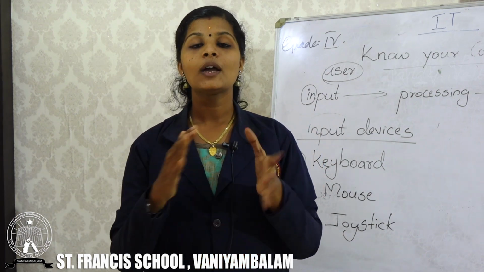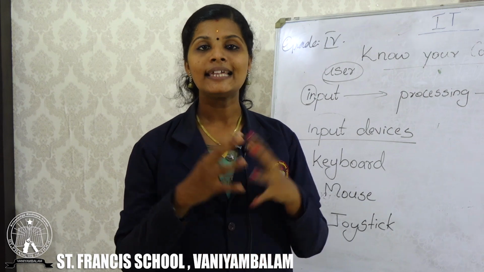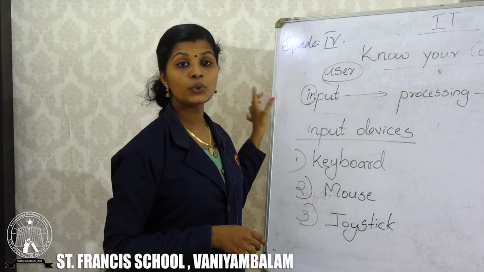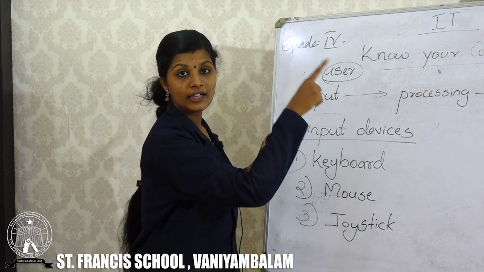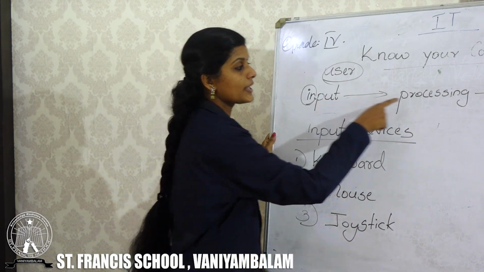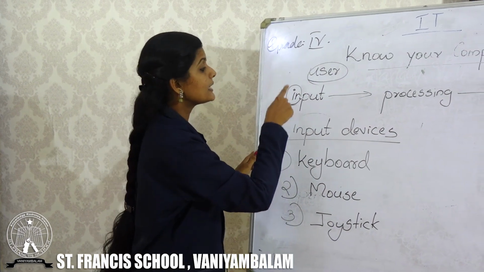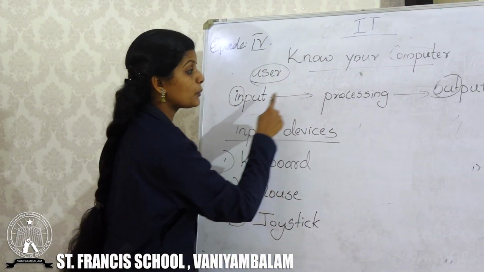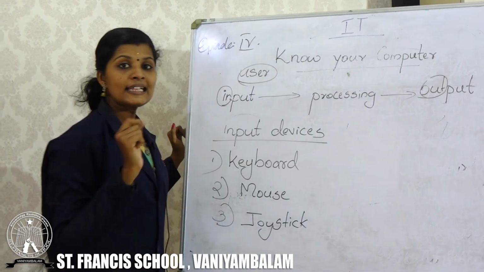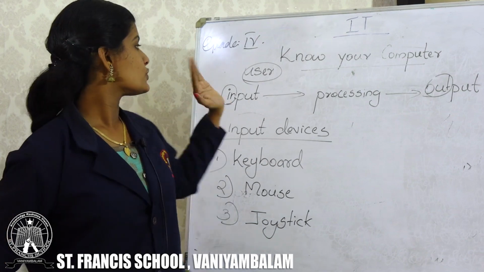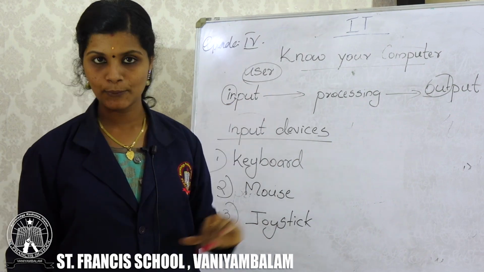Now what you want to do is, in your notebook, write the chapter name and also write working of a computer. Write the 3 steps, that is, heading is working of a computer, then write the 3 steps: input, processing, output. Then you find any 5 examples to suit the working of a computer.